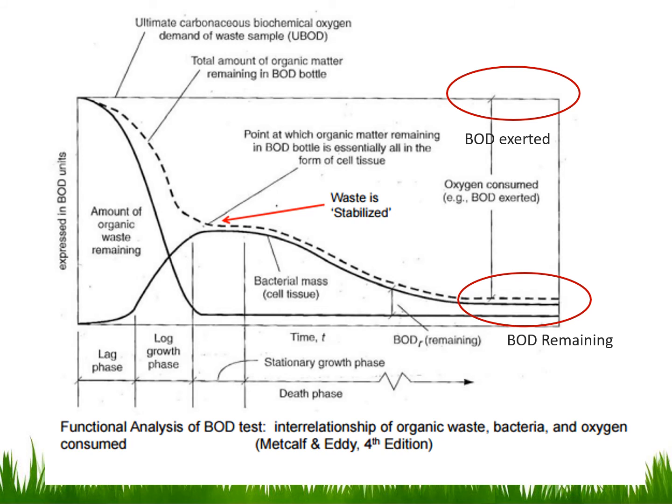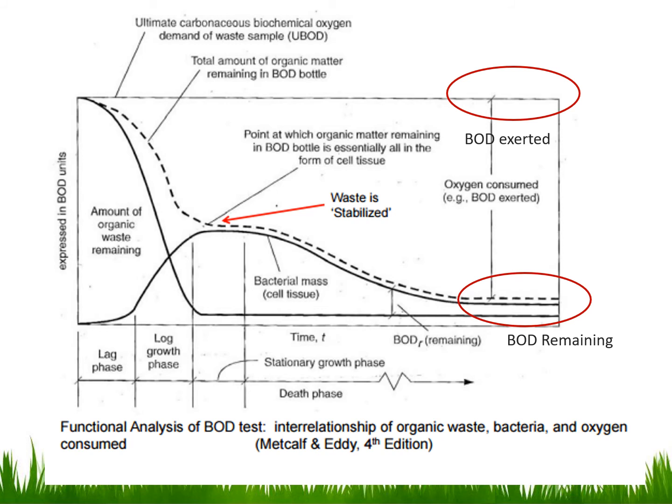Then they will all be depending upon the endogenous respiration, the cell tissue matter. So now the cell tissue matter is being decomposed here, and the bacteria are depending upon the cell tissue at this level. And then finally that will also end, and then there will be a decline in the presence of the microorganisms.